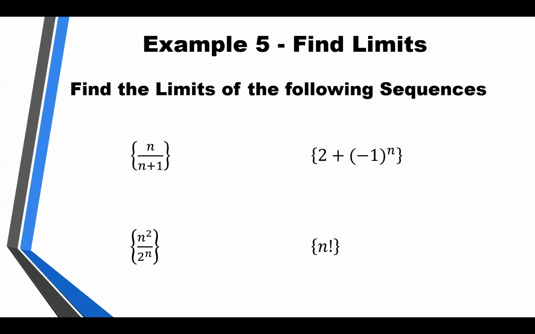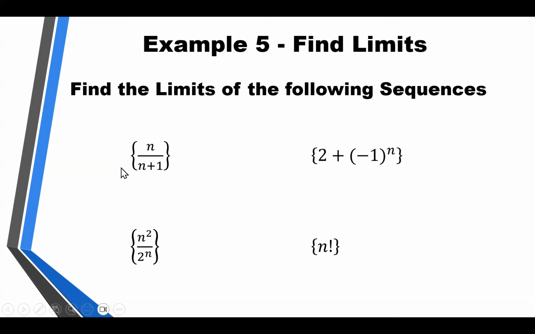Let's go back to our original four sequences and let's think about what these four sequences do. Do they converge? Do they diverge? If they do converge, what do they converge to?